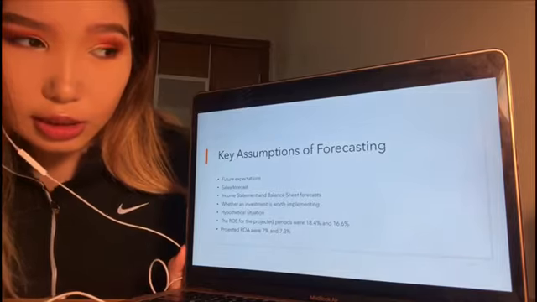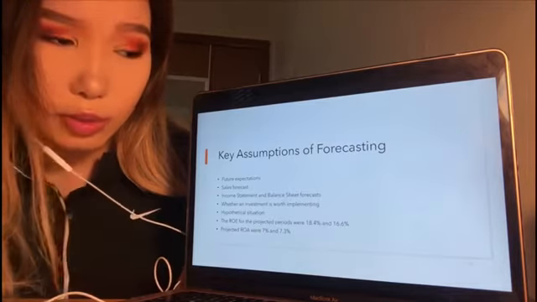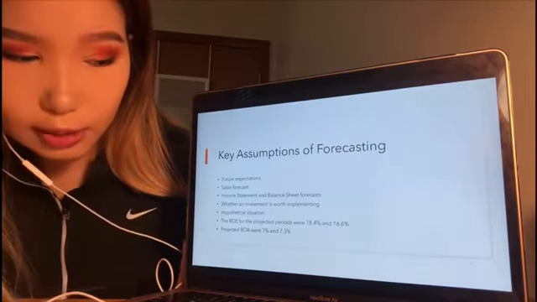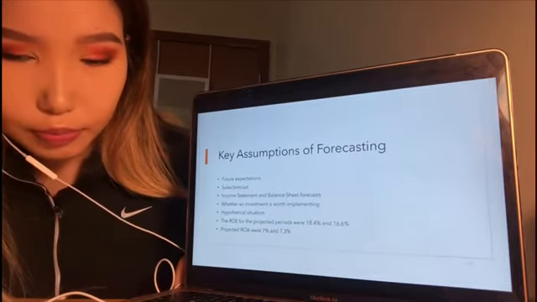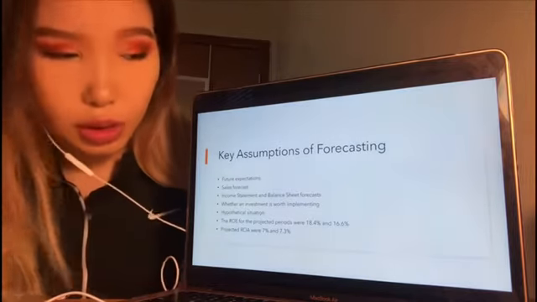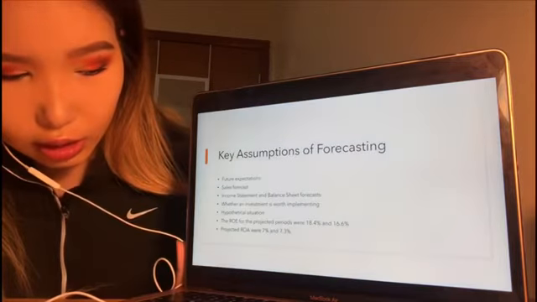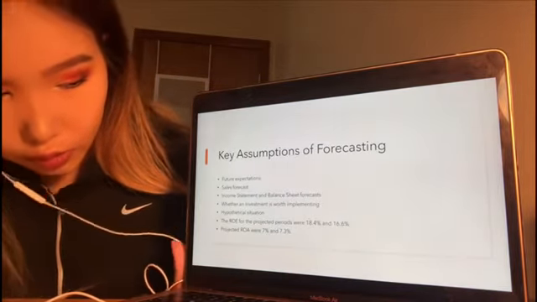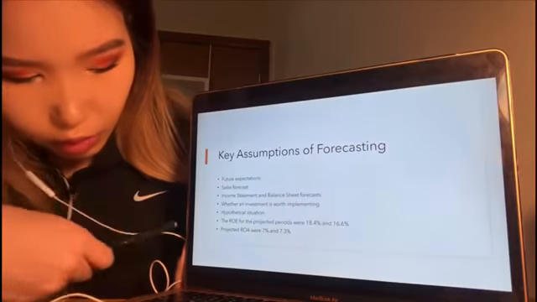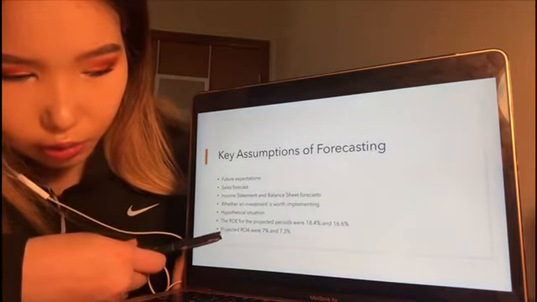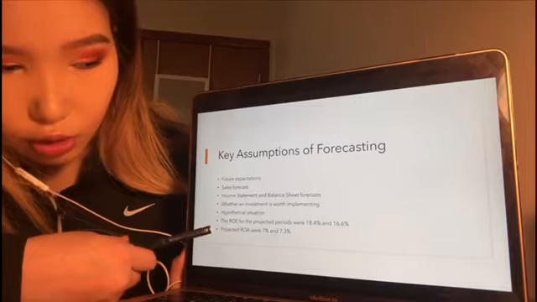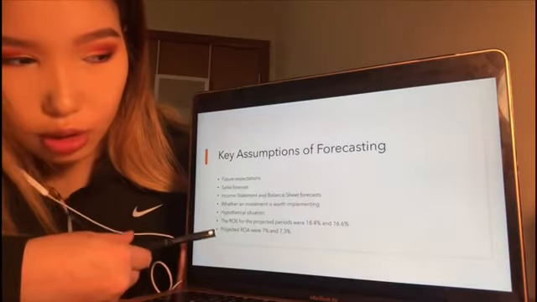And it tells us whether an investment plan is worth implementing. It also helps us with hypothetical situations. I've also added the ROE and ROA over here for the projected periods.